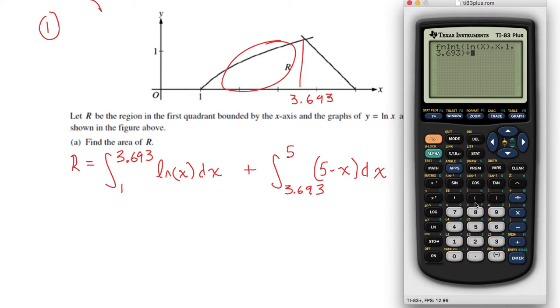And I'm going to add that to math 9, integral of 5 minus x with respect to x from 3.693 to 5. Oh, I see what I did. I said it, but I didn't get rid of it. I needed to delete those 2. There it goes. 2.986.